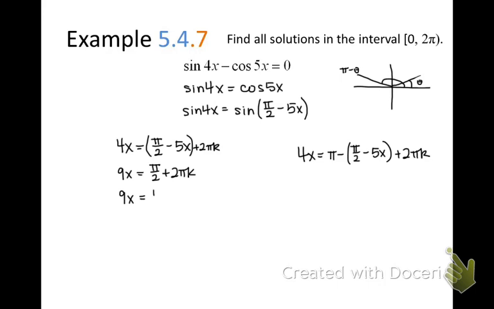If I condense this into one fraction, it's going to be pi plus 4 pi k over 2. And then to get x alone, over what? Yep. Over 18.